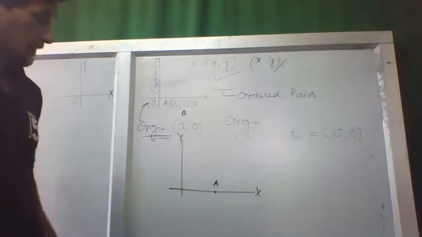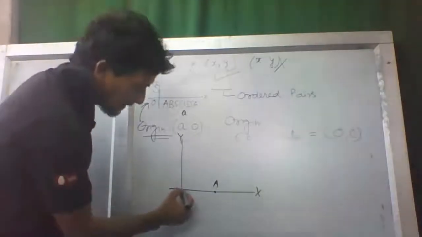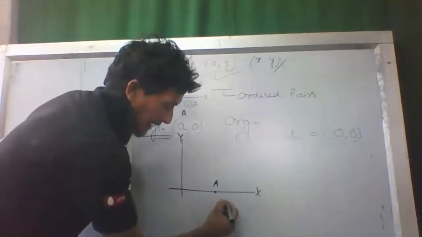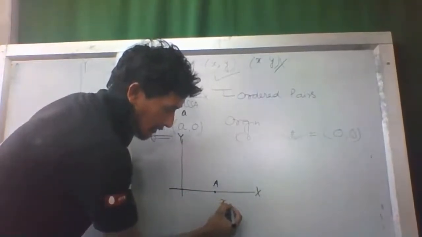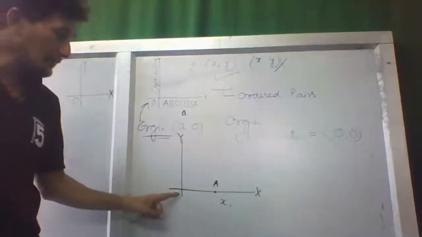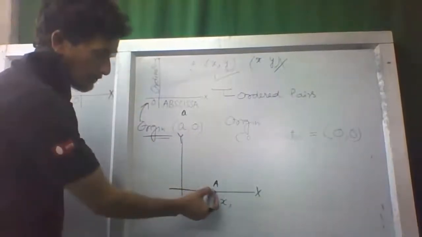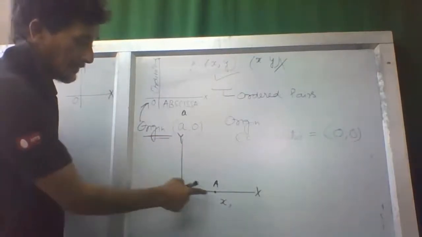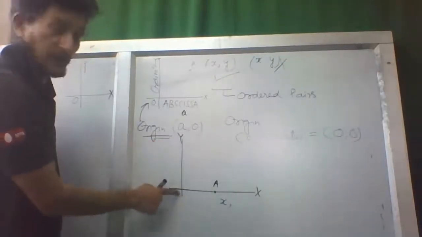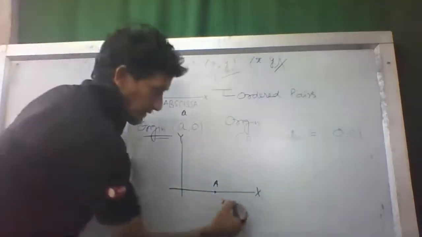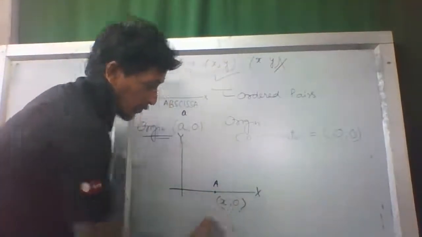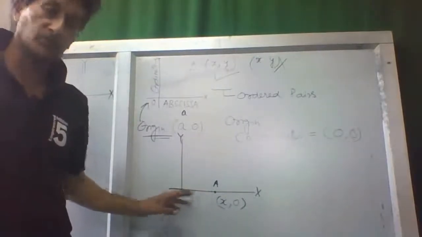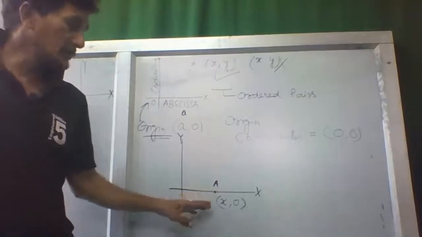As you can measure along the x-axis, you will write its coordinates as x, comma, y is at 0 point. Because if you draw a perpendicular, there is no movement on the y-axis. So this point is residing on the y-axis at the 0 place. So we will write it x, comma 0. So the coordinates of point A, lying anywhere on the x-axis, are x, comma 0.